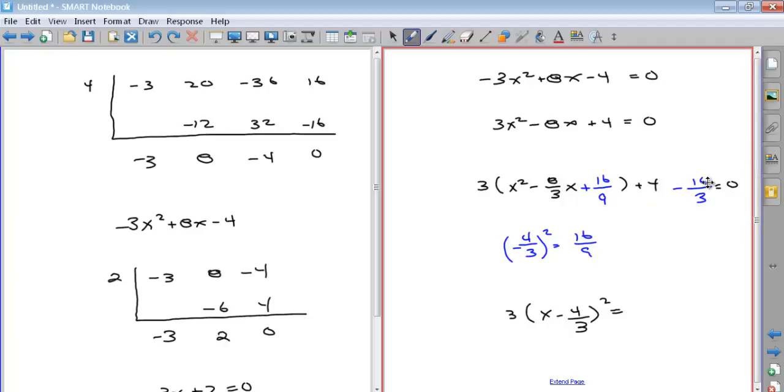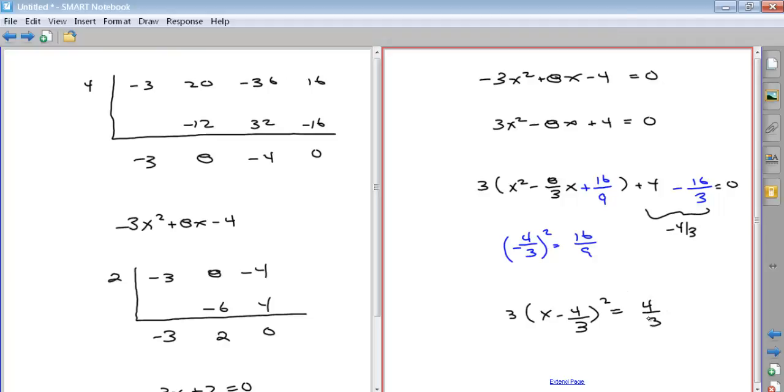So we add those two together. This is 12 thirds. If you take 4 times 3, you get 12. So it's 12 thirds minus 16 thirds. So this right here would give you negative 4 thirds. So when we move to the other side, it becomes positive 4 thirds.